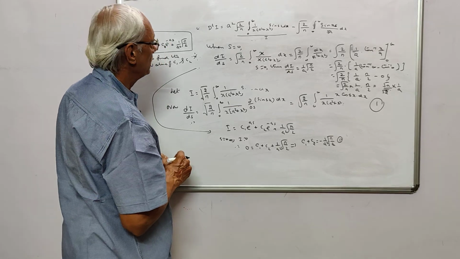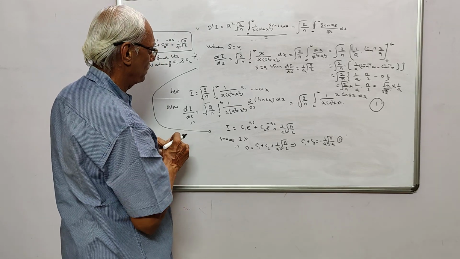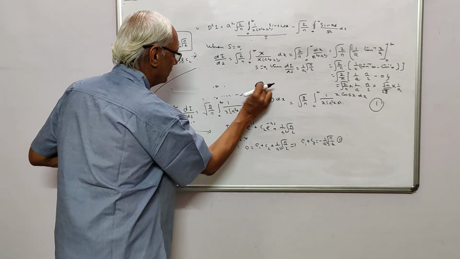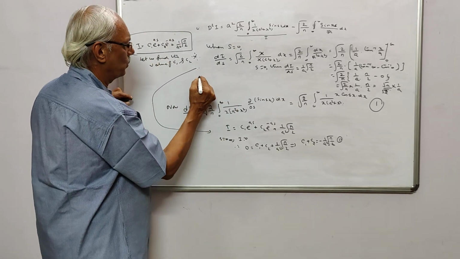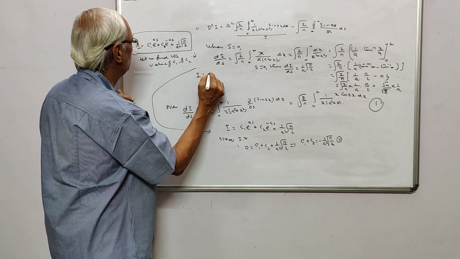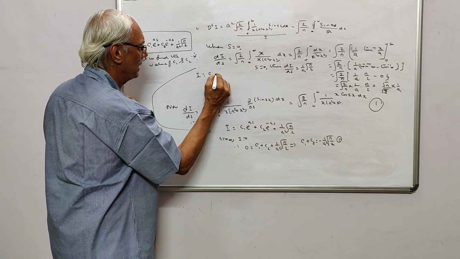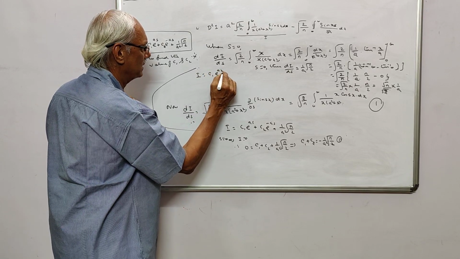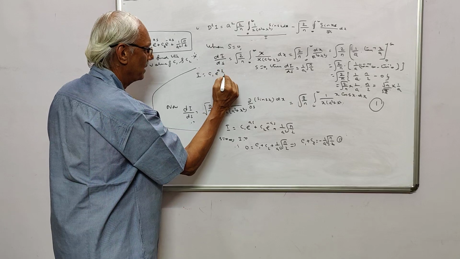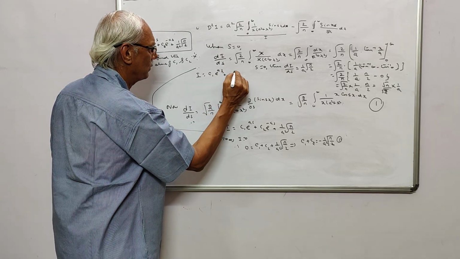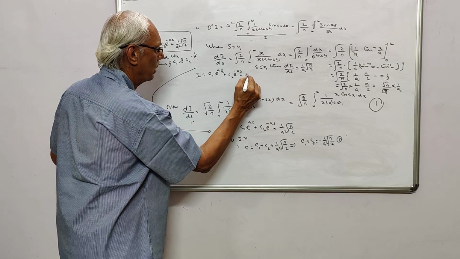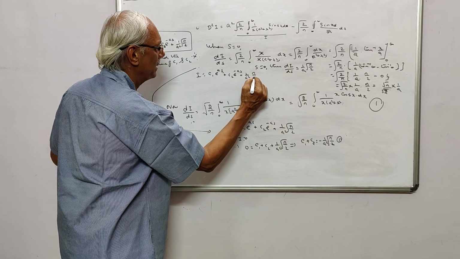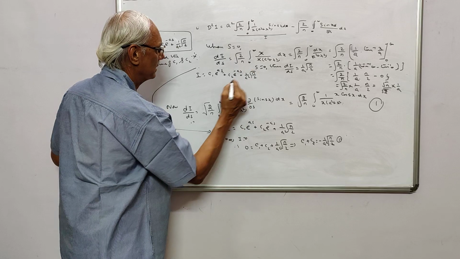Now let me start doing this. So what is that you get here now? Now take this, I is equal to C1 into e to the power of ax plus C2 into e to the power of minus ax plus 1 by a squared into this.